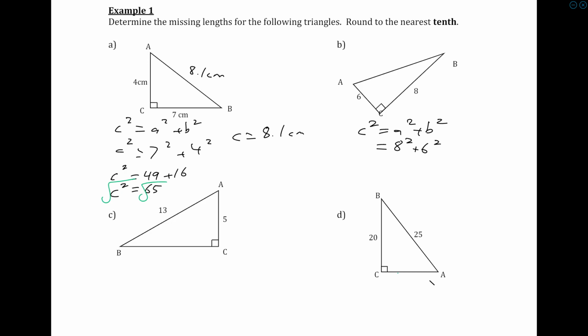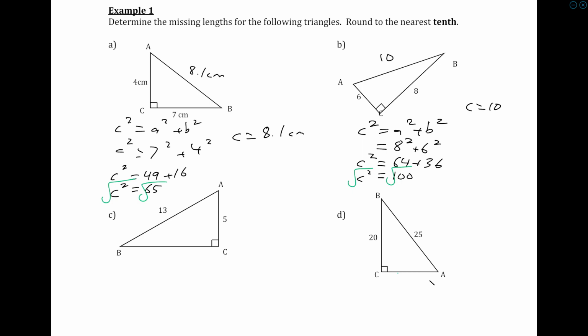Okay, so we can say c squared equals 64 plus 36. Oh, that's very nice. 100, which is a perfect square. Great insight. So c squared is 100, which means if I square root c squared, square root of 100, c is 10.